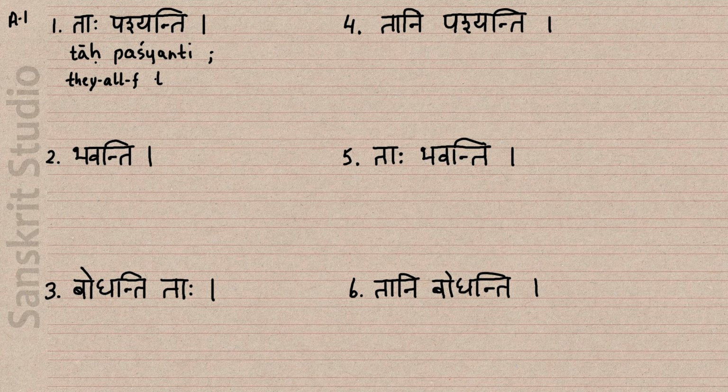So they all see. And the ending NTI there fits perfectly with they all F. And we can also see this in the form here. We have they all for the pronoun and they all for the verb. So they match.